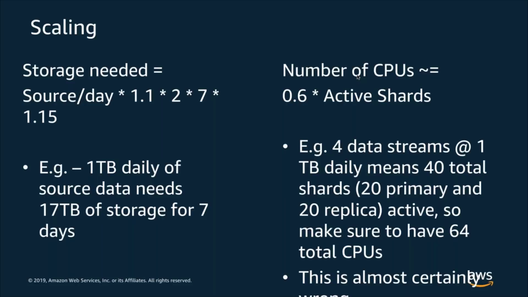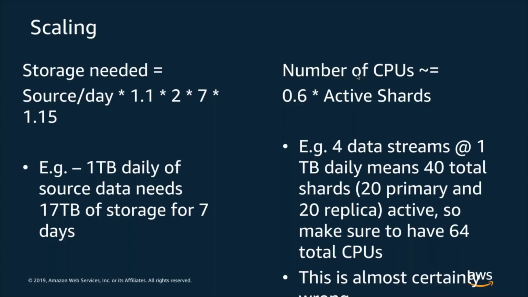Then I have 20, 4 times 5 primary shards, and 20, 4 times 5 replica shards, which represents 40 shards that are active when I'm writing to the cluster. Because as I write to the cluster, I'm going to write to each of the indexes, right? So I want to have more than 40 CPUs in my cluster, and we'll pick a number, say 64.